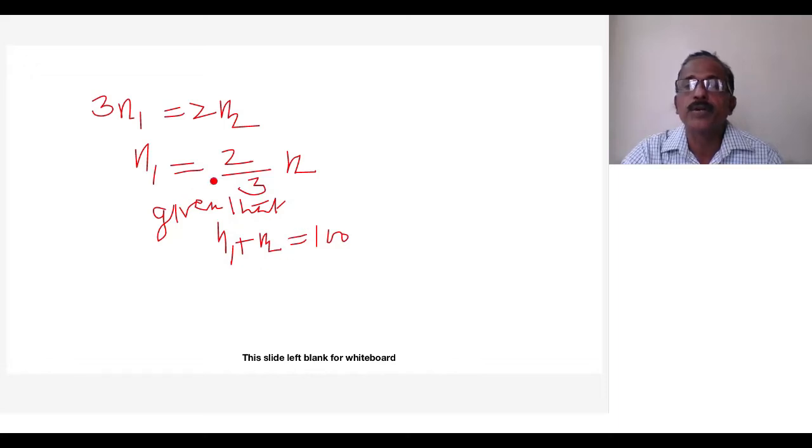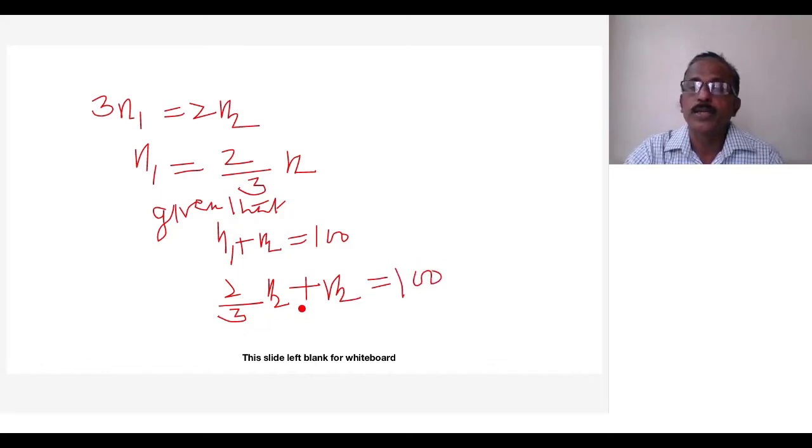That is n1 is equal to 2 by 3 n2, so 2 by 3 n2 plus n2 is equal to 100.